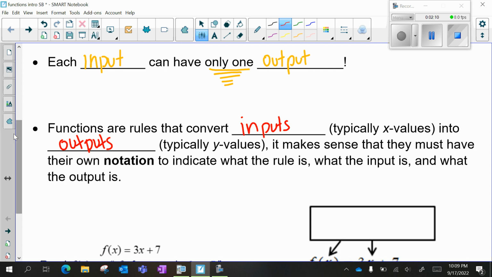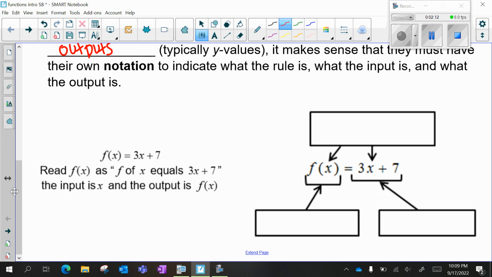So here is just another example of function notation. Remember that the x is your input, f of x is your output. It's the same as y. And then whatever comes after the equal sign is known as our rule. And that's what you're going to follow in order to evaluate.